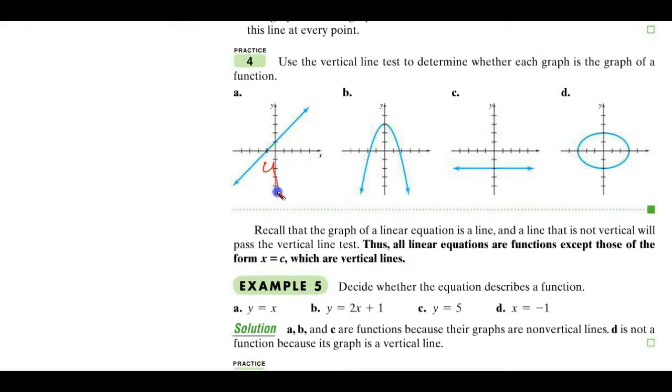This is yes. Now, whether our parabola opens upward or downward, it also passes the vertical line test. Horizontal line, wherever it is, yes. But a circle, no, because it intersects two places.